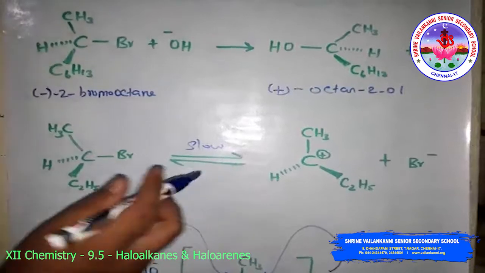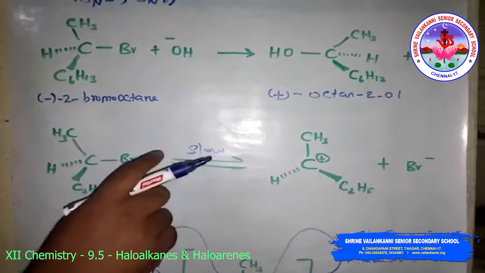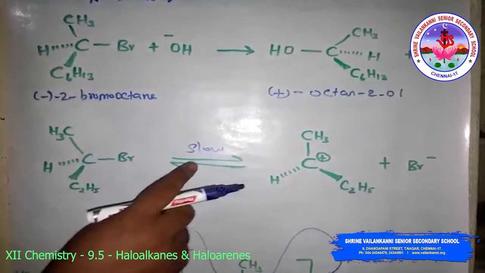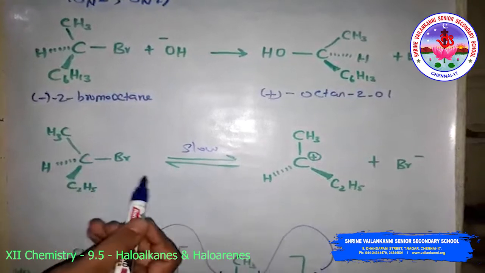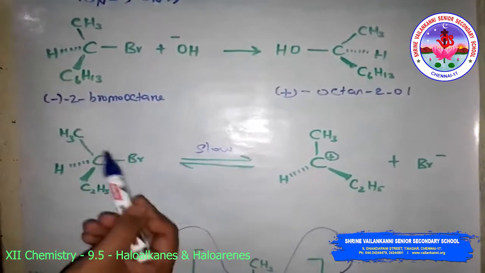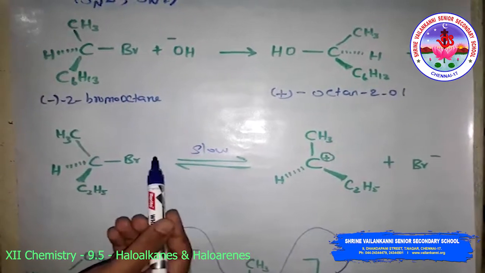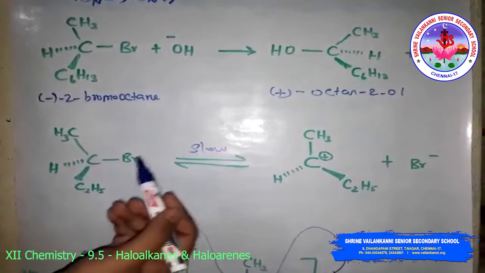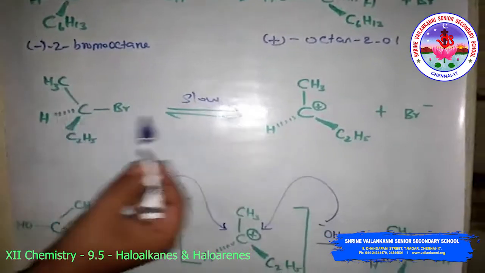It is the slow step, that is the rate determining step. Here, the attack of the nucleophile may occur from either side, resulting in a mixture of products, one having the same configuration and the other having the opposite configuration. Look at here, this is the first step.